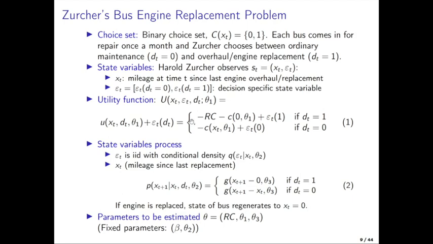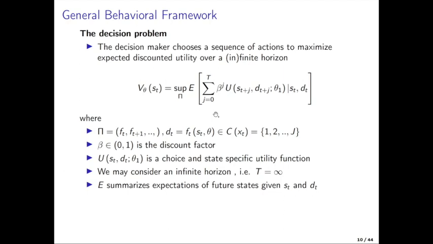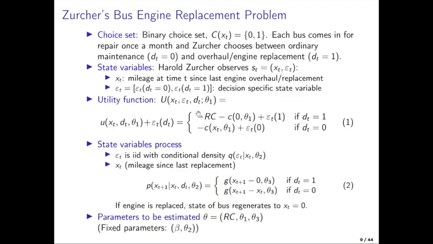Okay. Now, if you replace the engine, you need to pay the replacement cost, RC. If you do not replace the engine, well, you don't have to pay RC, so it's not appearing down here. What you do have to pay is the operating and maintenance cost, C, which is increasing in the age of the bus.